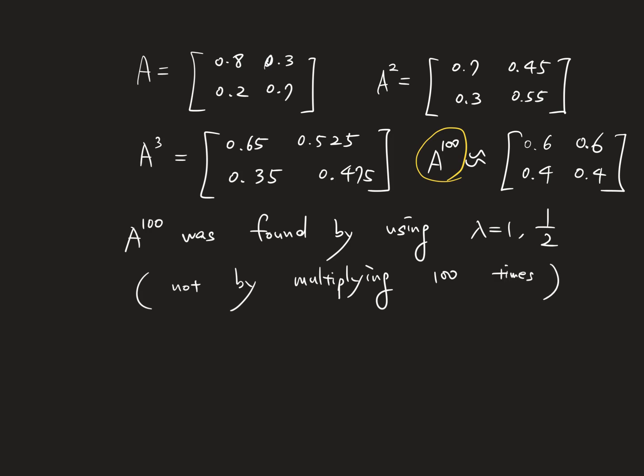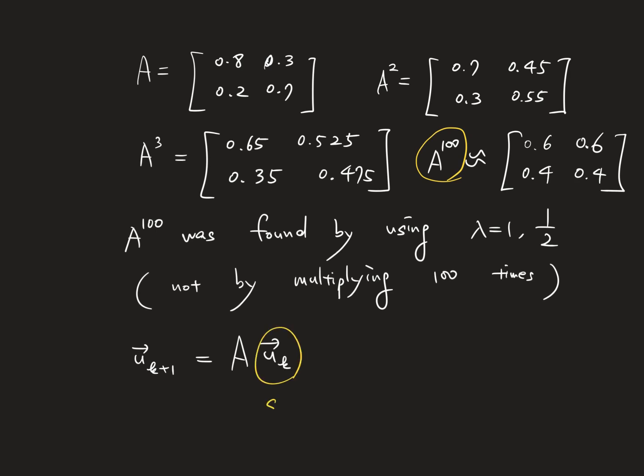Why do we need that? I mean, A to the 100? Because sometimes we model, for example, this is the state for the moment k plus 1, equal to A times the state.